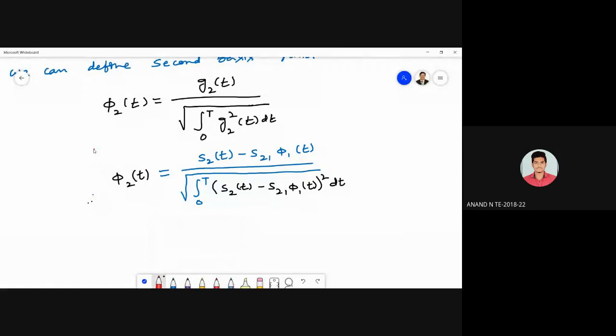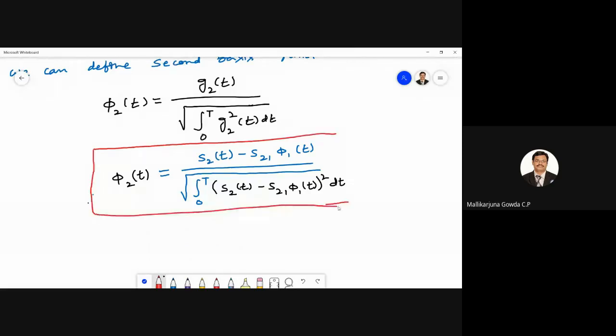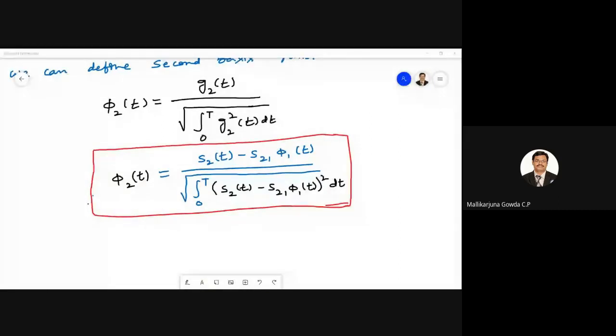Already Anand is in a hurry, so before he says, let me stop. At least till this procedure is fine. Just have a look at how we are going about this, and we'll discuss further how to generalize this basis function for finding any value of pi n of t.